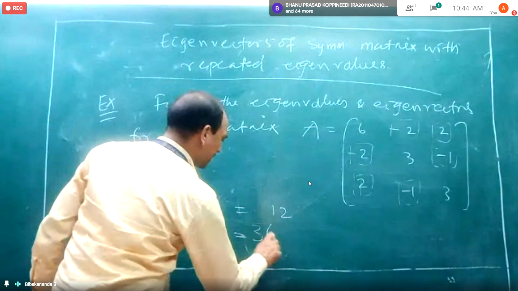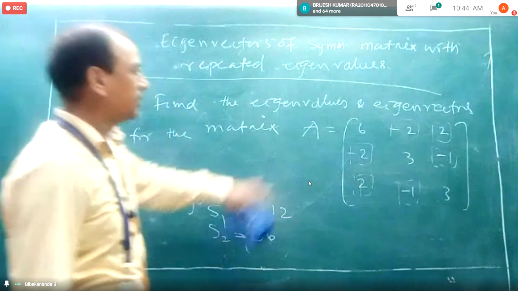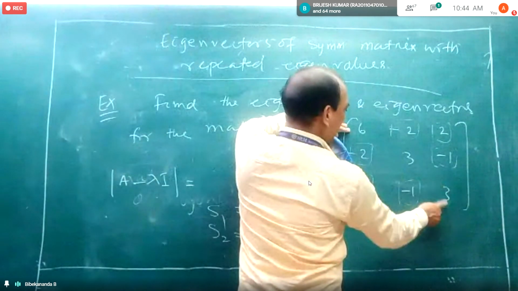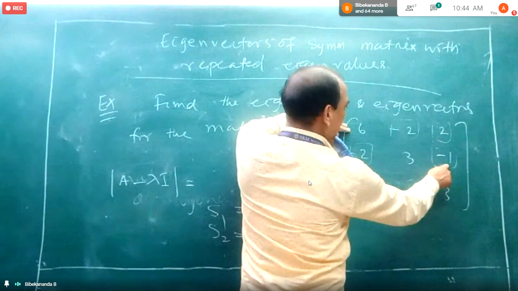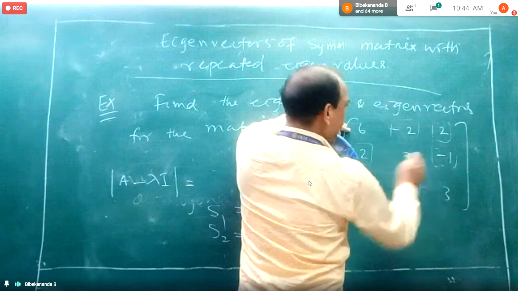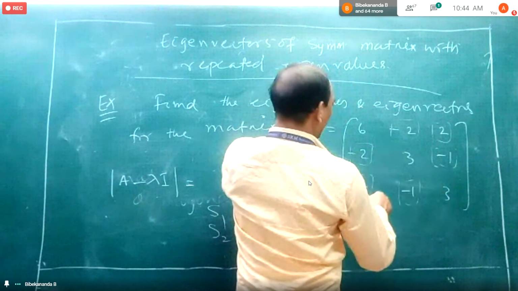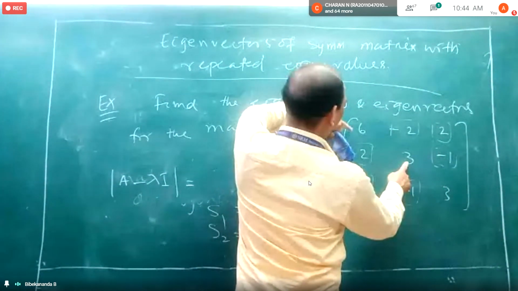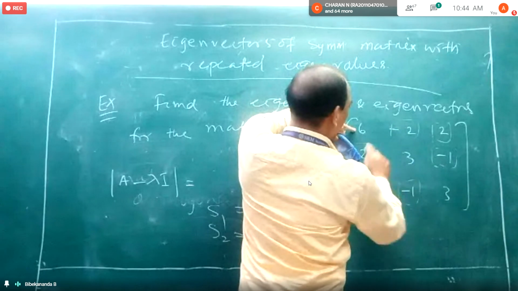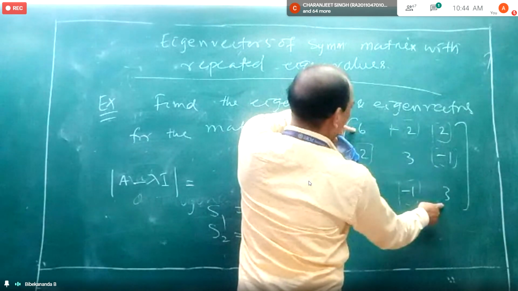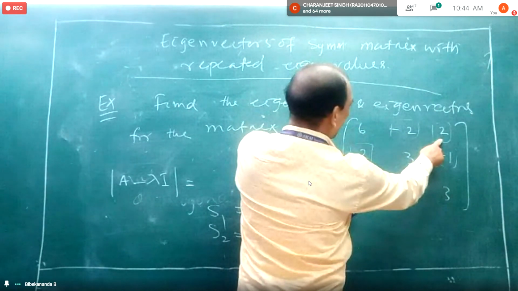Here 3 into 3 is 9, minus minus 1 into minus 1 is 1, so 9 minus 1 is 8. For this element, with this column and this row, 18 minus 4 is 14.